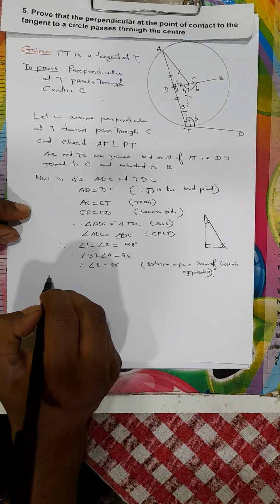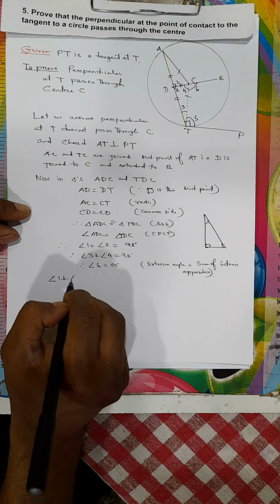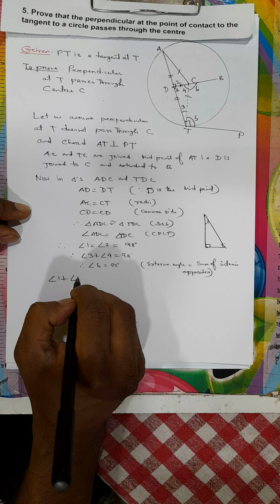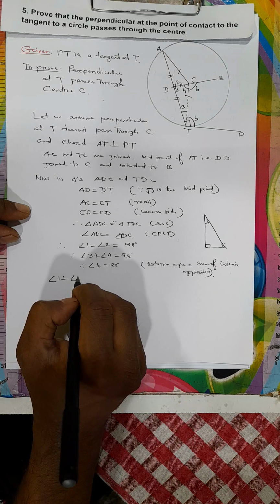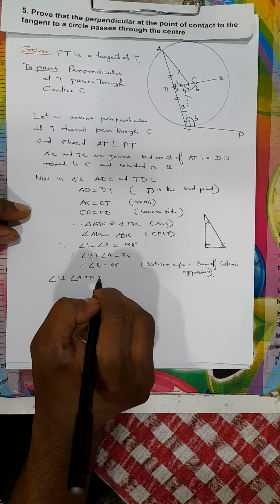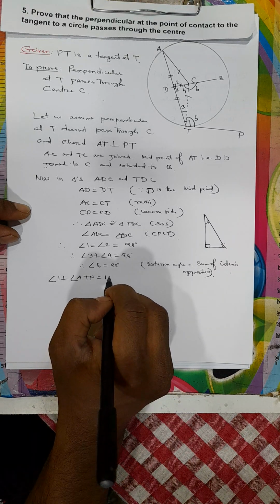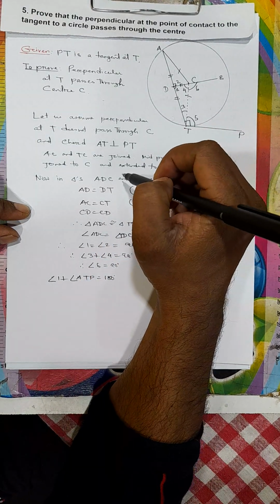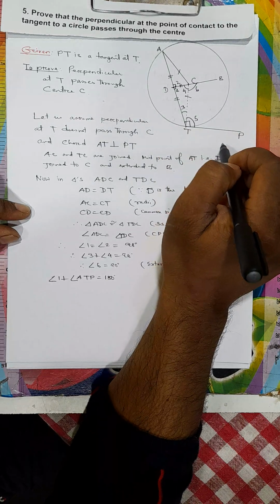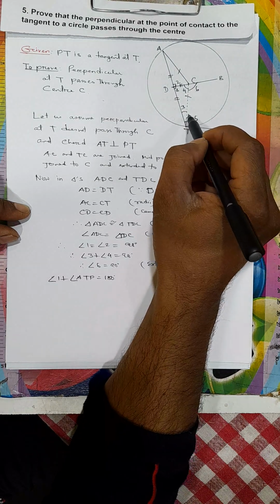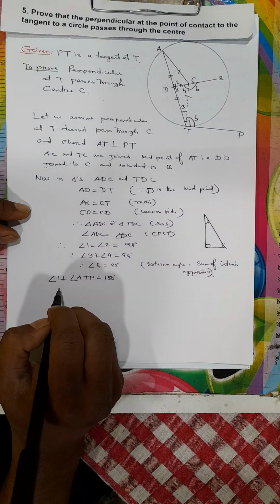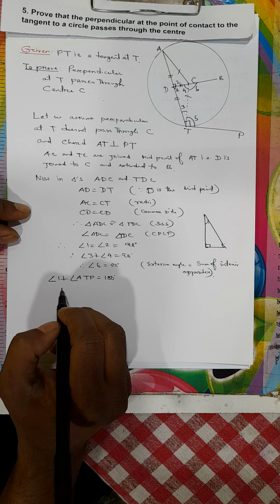Now angle 1 plus angle ATP equal to 180 degrees. Why? It was assumed that AT is perpendicular to PT. That means angle 3 plus 5 is 90 degrees. Right?